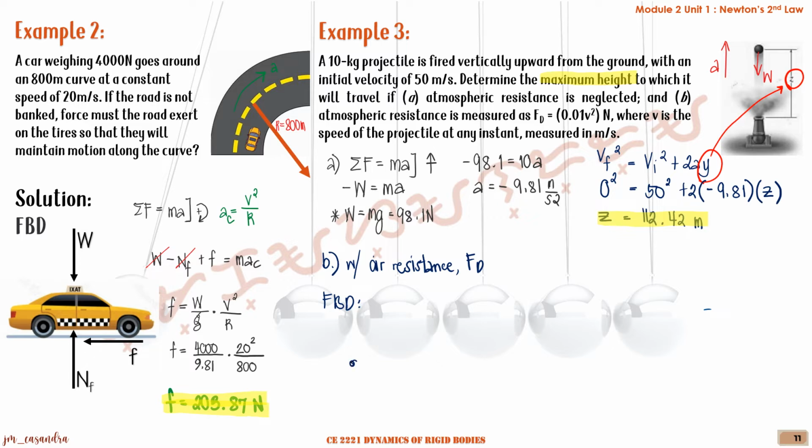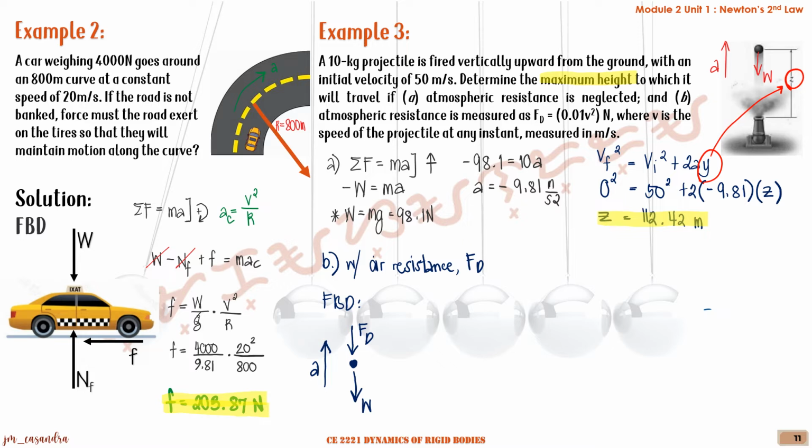For our object or projectile, we have the weight of the projectile. And since there's a drag resistance, and air resistance will oppose or retard our motion, therefore our FD or air resistance will now be directed downwards.